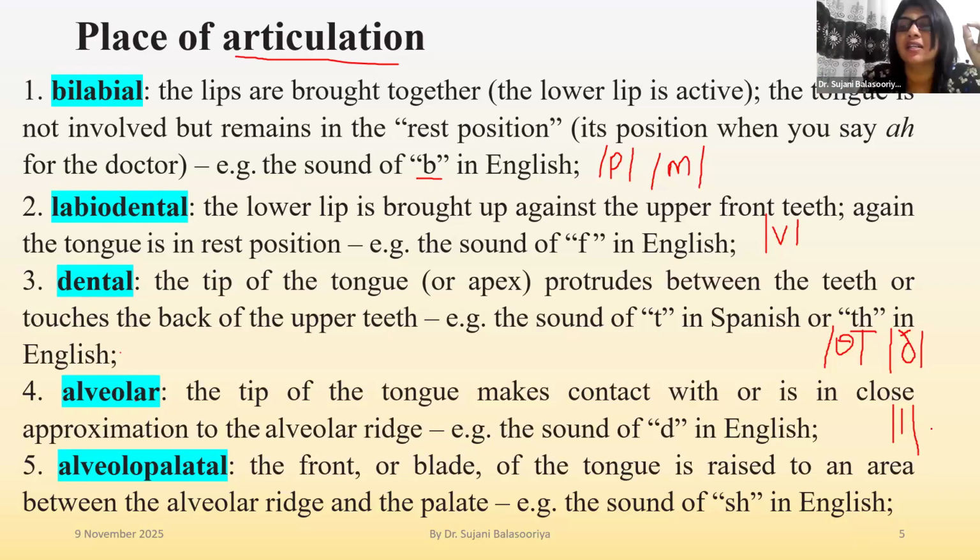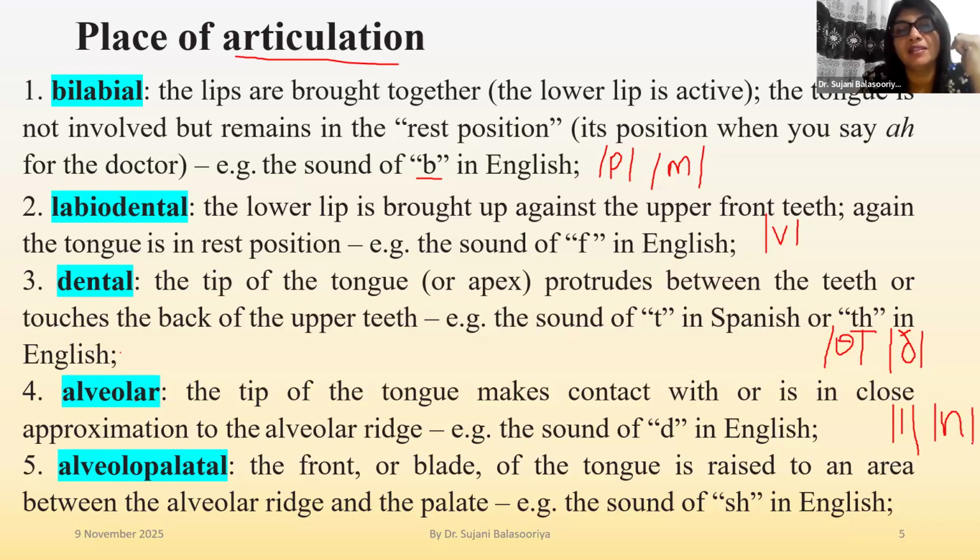If you are not feeling comfortable with L, there's another example, N, like when you say not. The tip of the tongue touches the alveolar ridge. Where is the alveolar ridge? It is there immediately after the upper teeth.